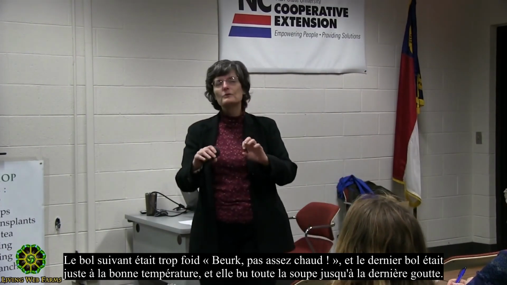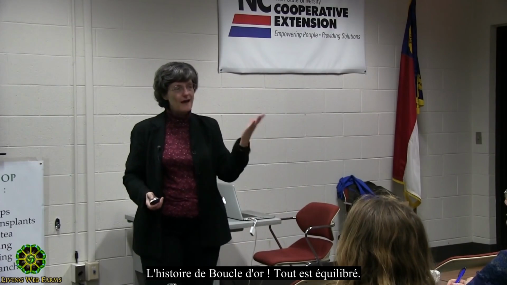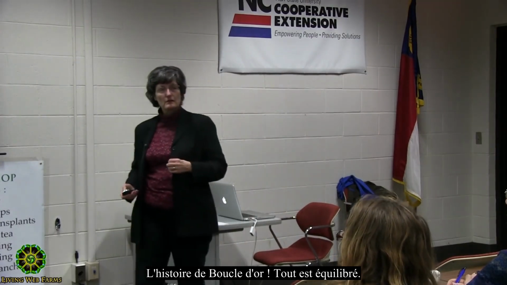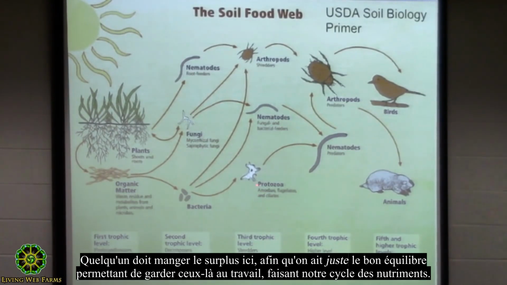And the next bowl was just right, so she eats it all up. Goldilocks principle, everything in balance. So we got to have these guys to keep those guys in balance. Somebody has to eat the excess here so that we got just the right amount to keep these guys functioning and doing that nutrient cycling.